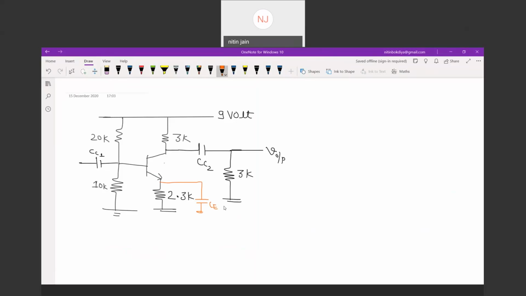What is the meaning of this capacitor? All these capacitors will be open circuited for DC analysis and will act as a short circuit for AC analysis. So keep this thing in mind. All capacitors are open for DC analysis, and they behave as a short circuit at the frequency of interest, है ना?